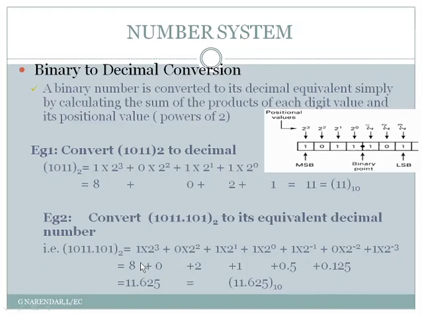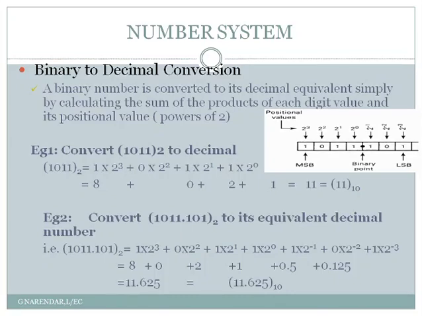So if I add all these products, we get 8 plus 2, 10, 11, 11 point 0.625. So this is 11.625. So 11.625 is a decimal number. So I can say that 11.625 is the decimal equivalent of the binary number 1011.101.